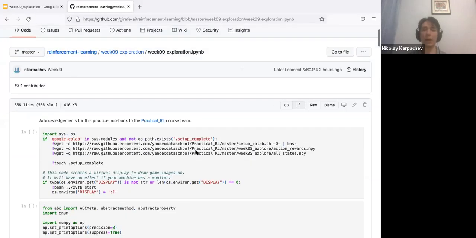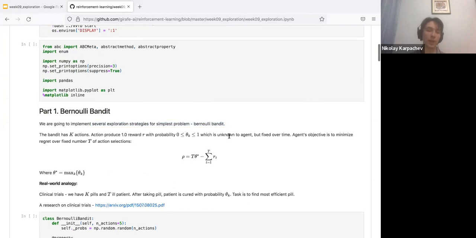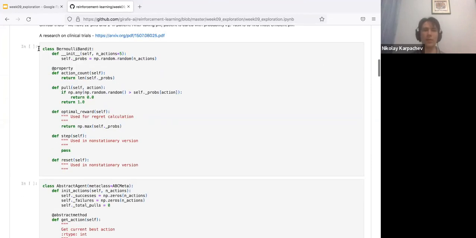In this practice, the idea is to implement different exploration strategies for a simple problem, the Bernoulli bandit. There is this class of Bernoulli bandit, which doesn't have a lot going on inside.